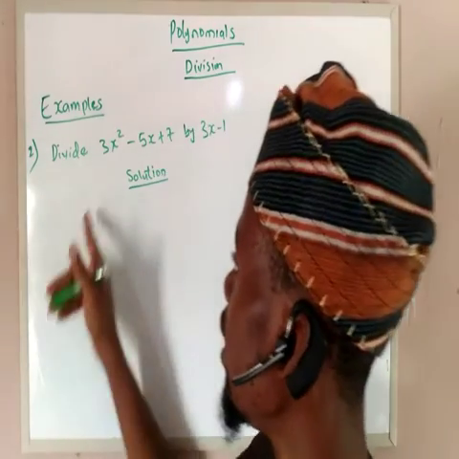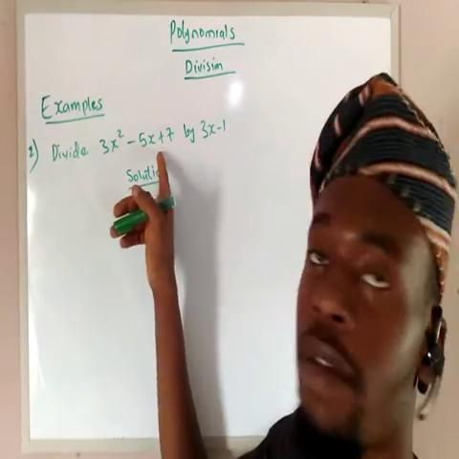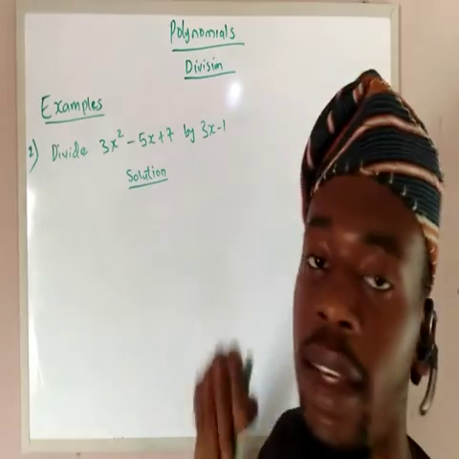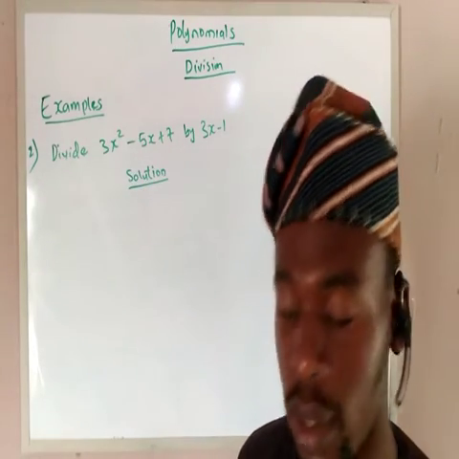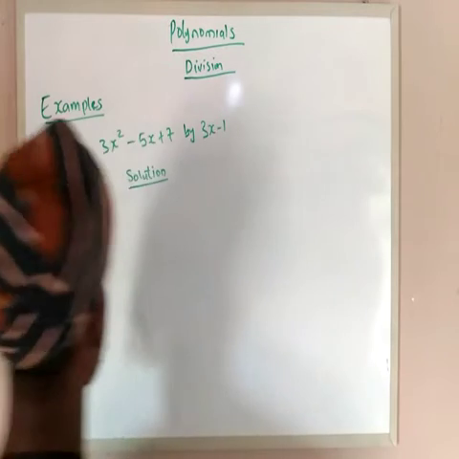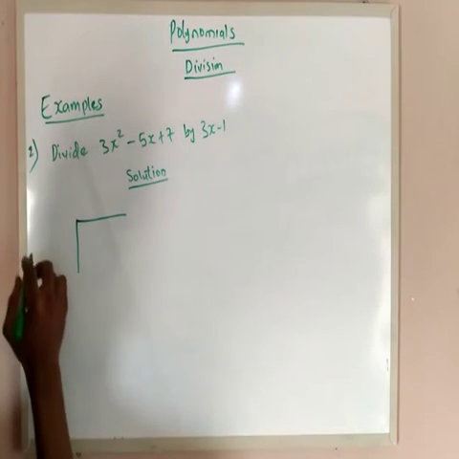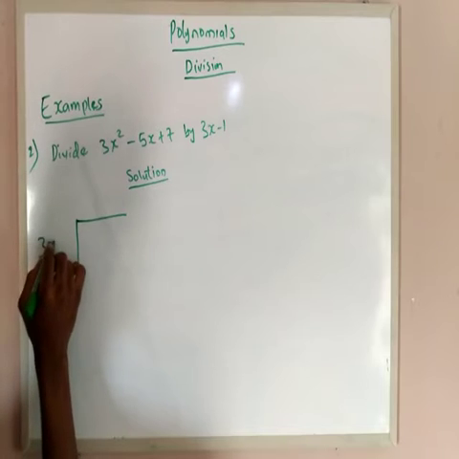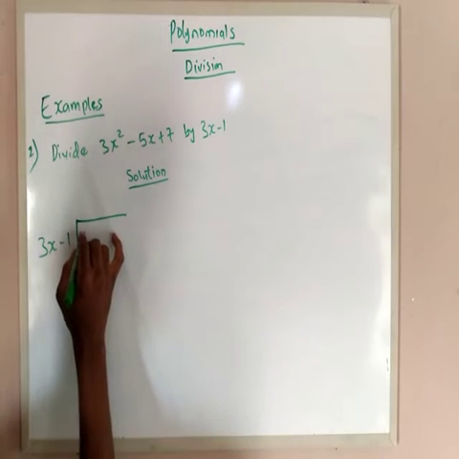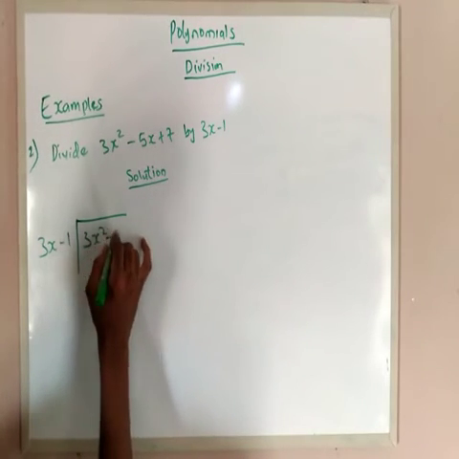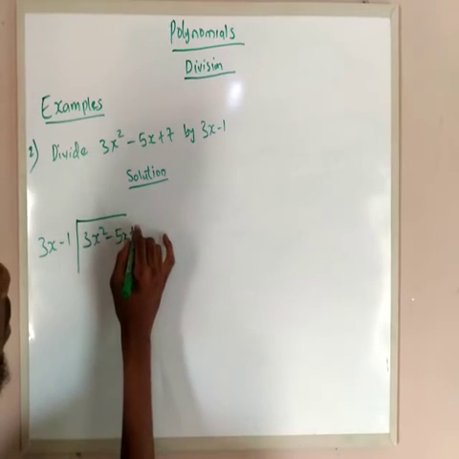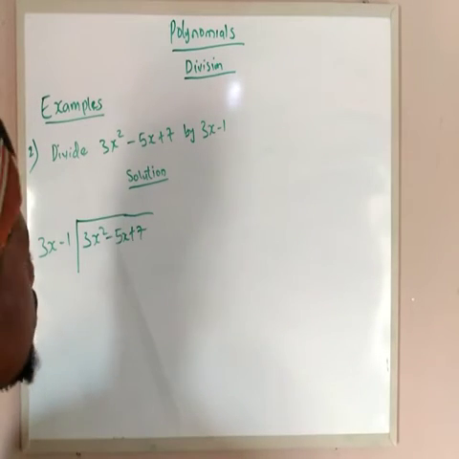So here is our second question. We have to divide 3x squared minus 5x plus 7 by 3x minus 1. Just like we have done earlier, we use our long division method. We have 3x minus 1 and we have 3x squared minus 5x plus 7 as our dividend.